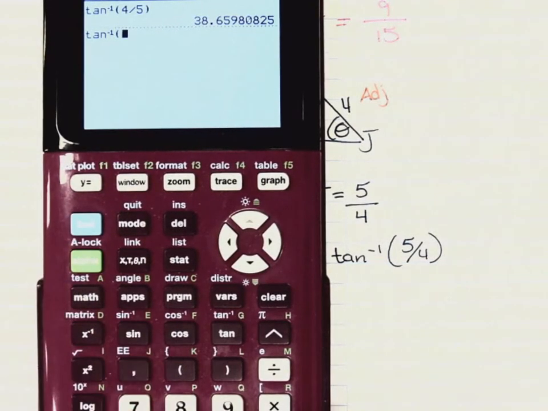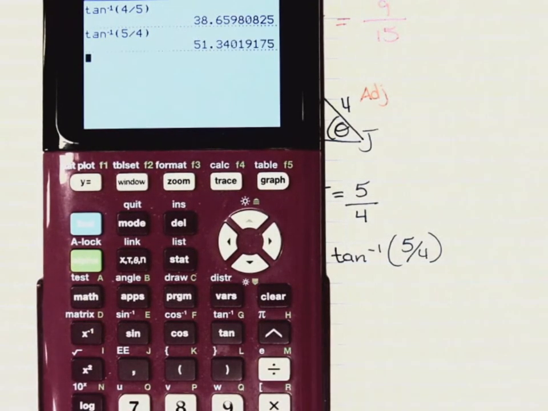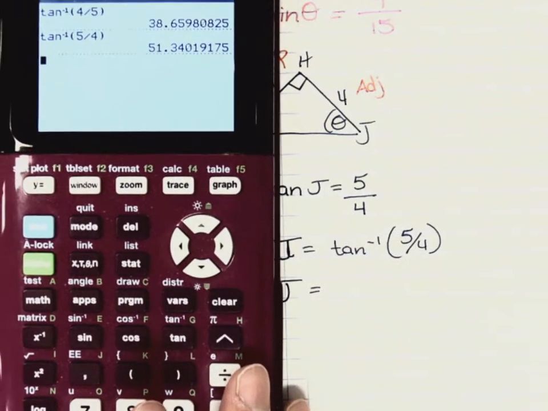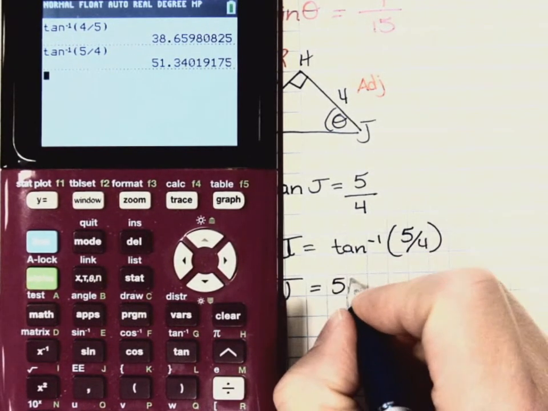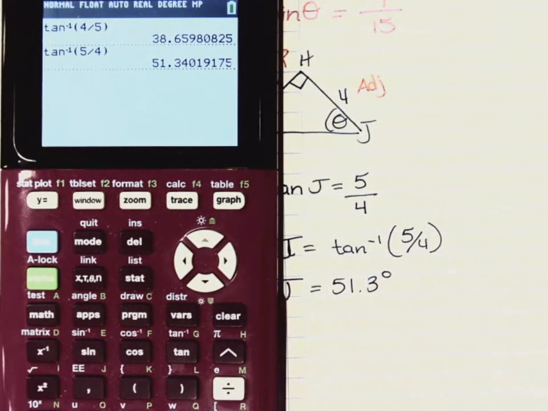Second function tan, this time it's 5 divided by 4. And I get 51.3 degrees. So I get the exact same answer whether I'm using the rule of 180 or if I'm using trigonometry. So you can do both, or one or the other.